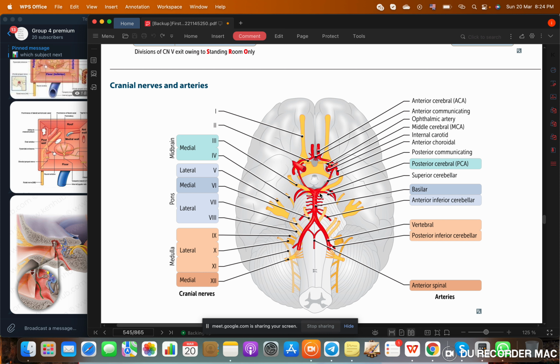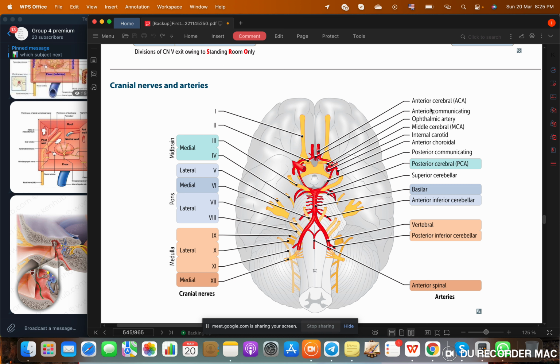Okay, so now we have the midbrain. Medially, the nerves coming out of it are 3 and 4. Laterally, we have from the pons numbers 5, 7, and 8, while medially only number 6, because it divides on it. In the medulla, medially we only have 12, and the rest comes laterally. Just use the rule of 12 I just gave you. Okay?